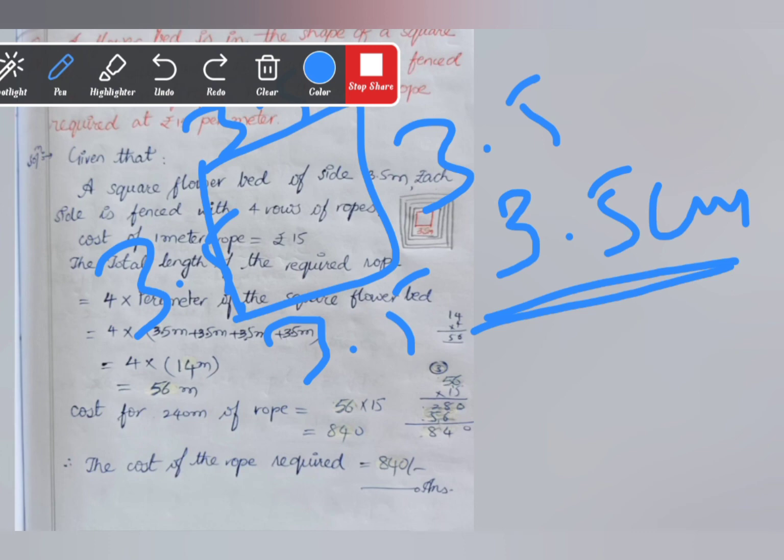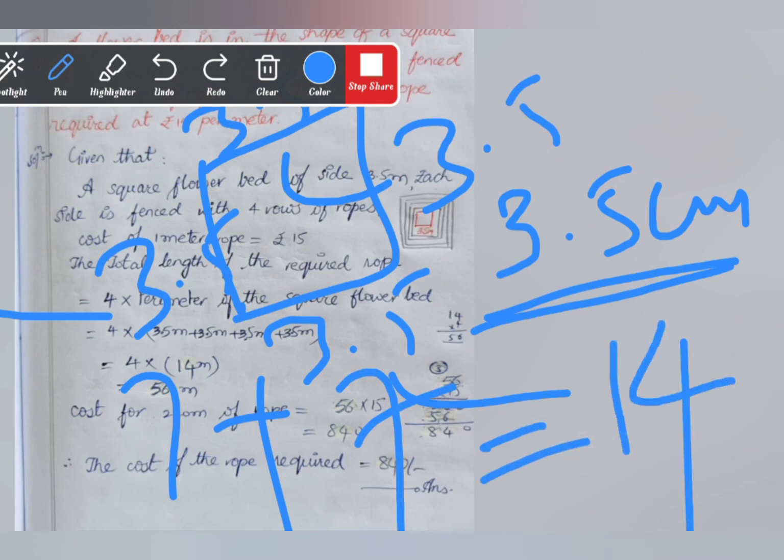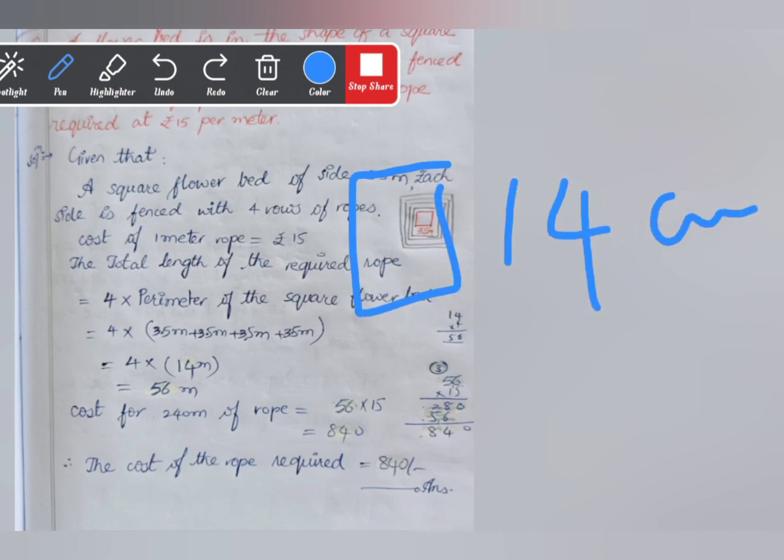So perimeter will be adding the boundaries. 3.5 plus 3.5 7. ये 7, फिर ये 3.5 ये 3.5 7. 7 plus 7 मतलब 14. So a perimeter of this square is 14 centimeter.